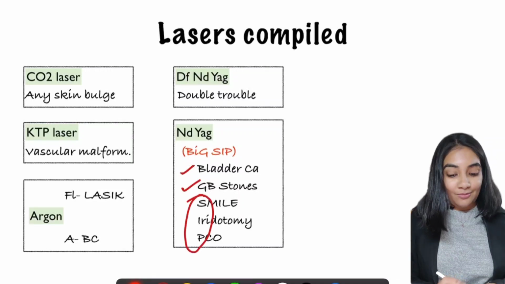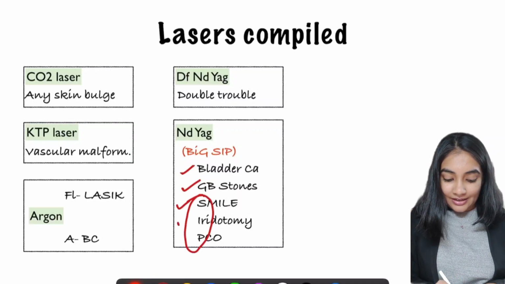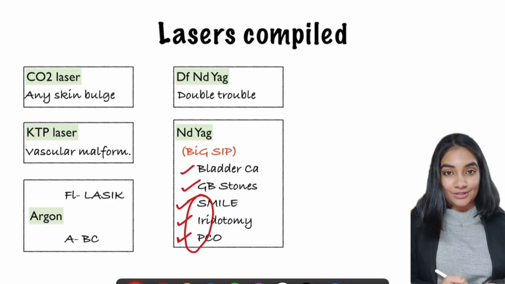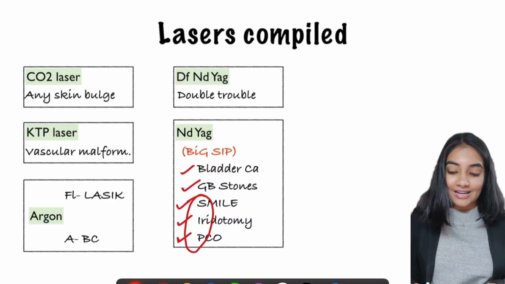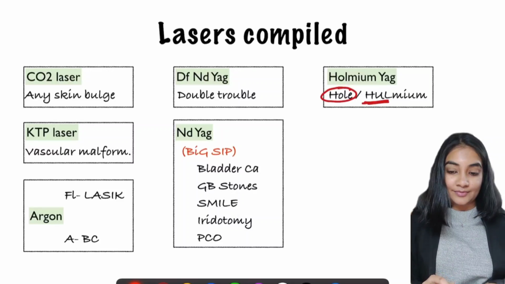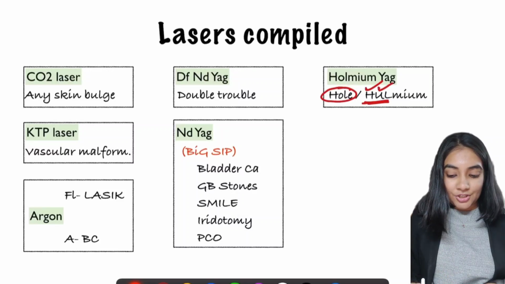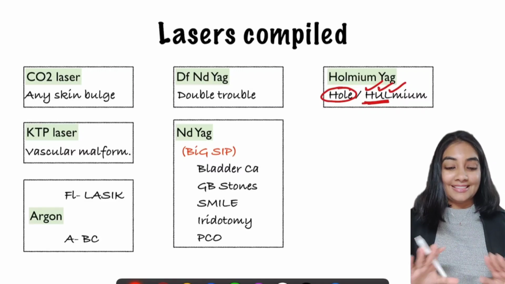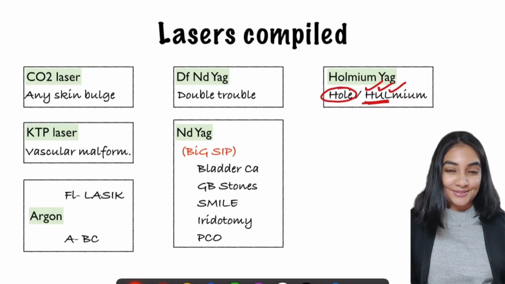SIP of ophthalmology, SMILE, iridotomy and posterior opacification. The last, holmium YAG, that is either to create a hole or holmium, hypertrophy, urethral stricture, lithotripsy. So that is all about lasers that you need to remember.